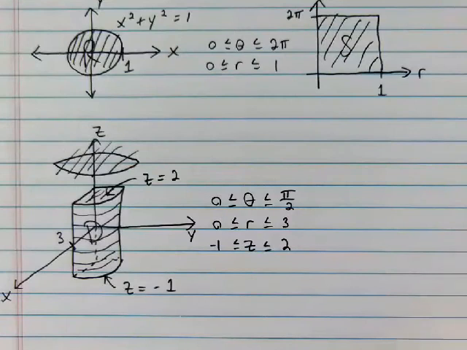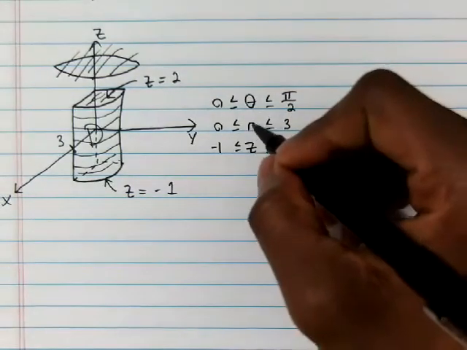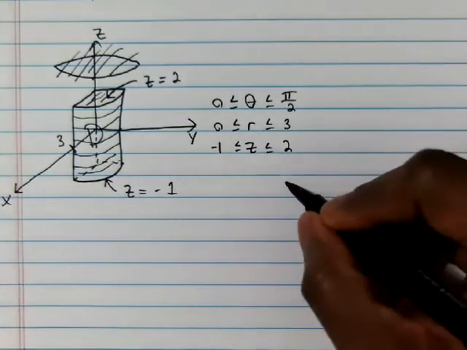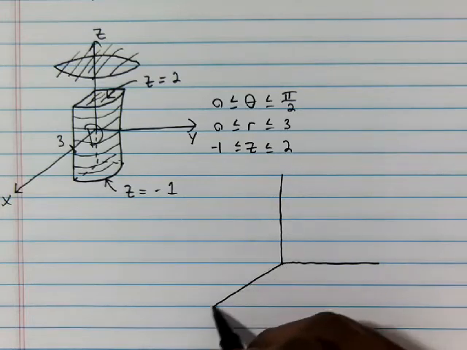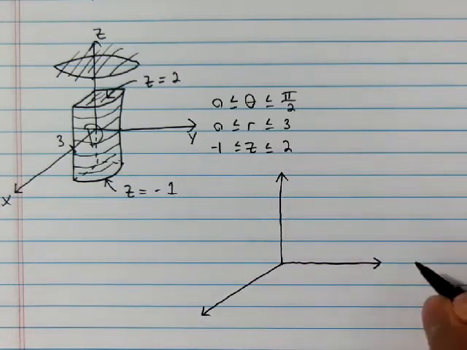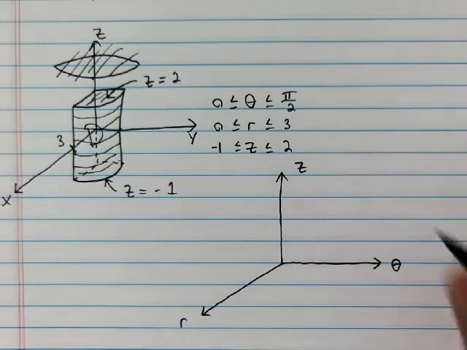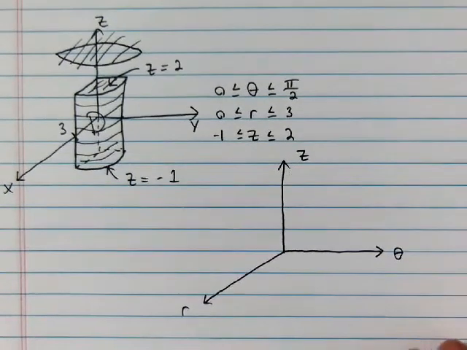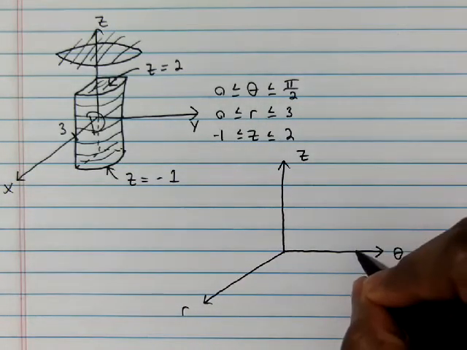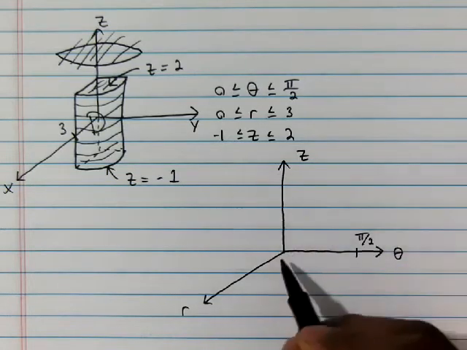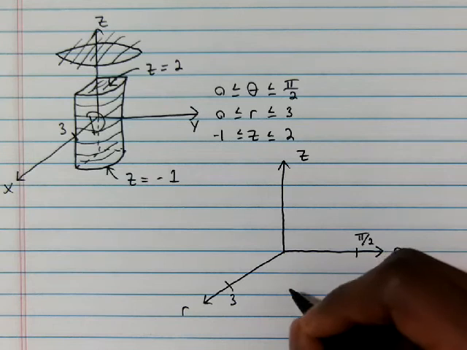Now if we take this and sketch it instead in the r theta z coordinate system, theta goes from 0 out to pi over 2 on the theta axis, r goes from 0 out to 3, and z goes from -1 to 2.